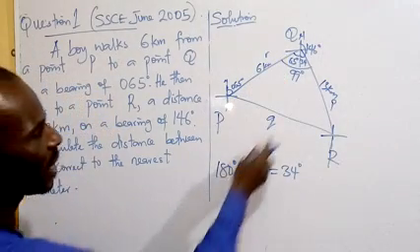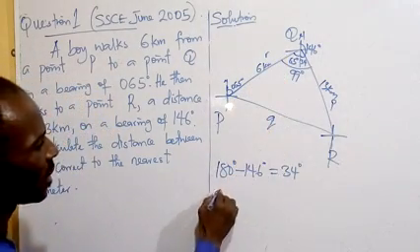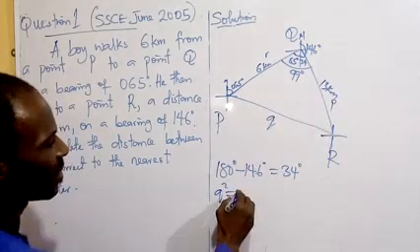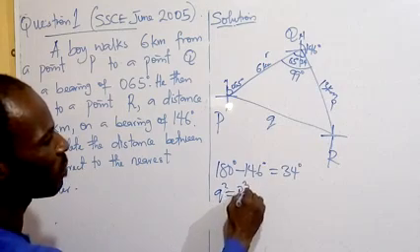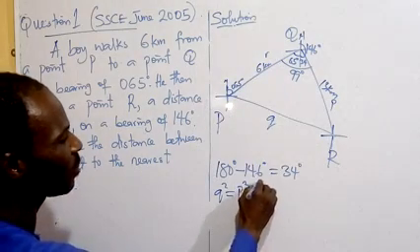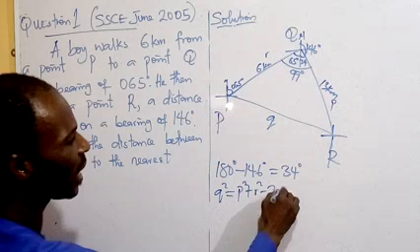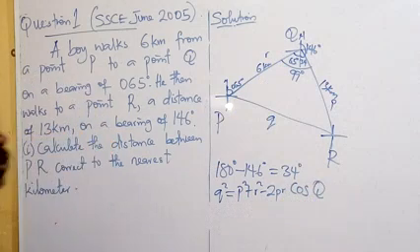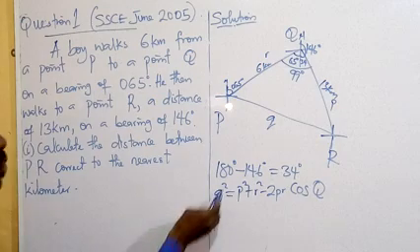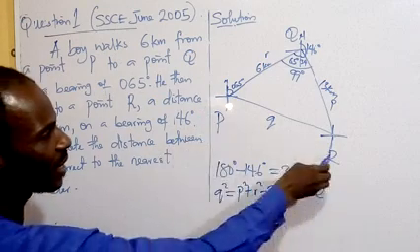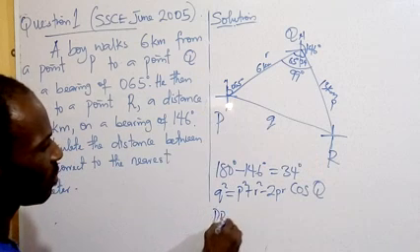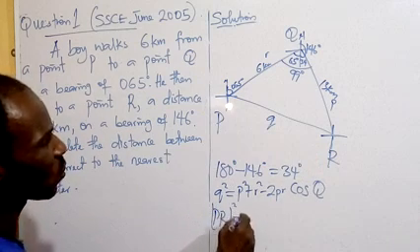So therefore, we're looking for this side q, we can say q squared equals p squared plus r squared minus 2pr cos Q, capital Q. Don't forget the q is our length, our distance, PR. So we can say PR squared equals, what is the value of p?